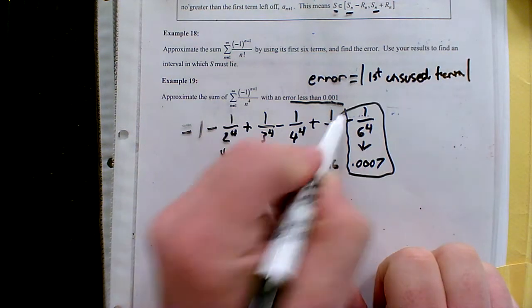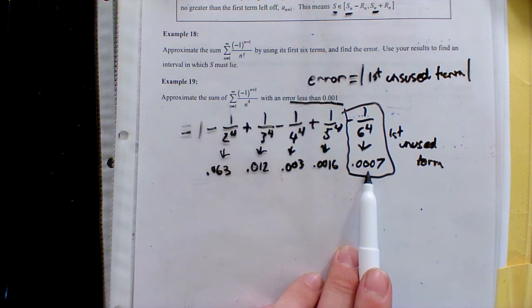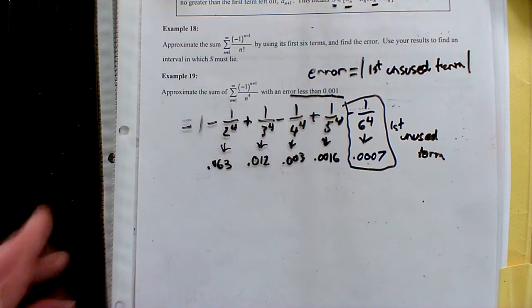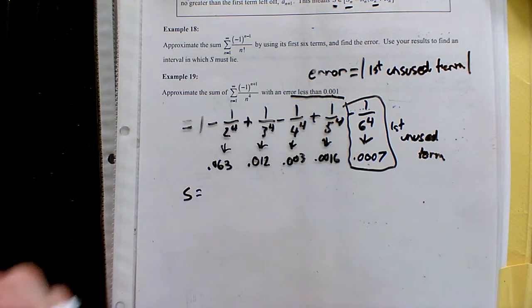So this one here is what's known as our first unused term. This is the error that we're going to be dealing with, and this error is less than 0.001. So all they're asking us to do in this problem now is approximate the sum, but the sum to what value?